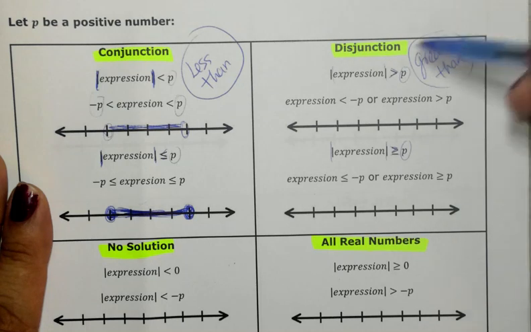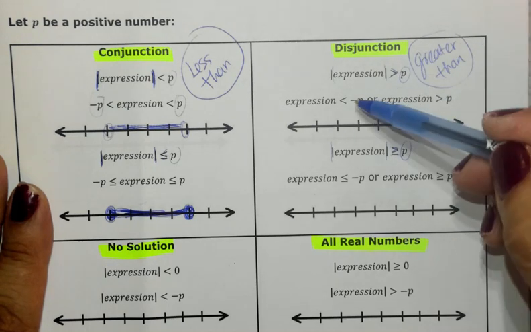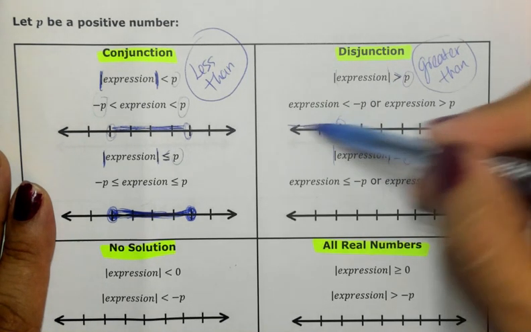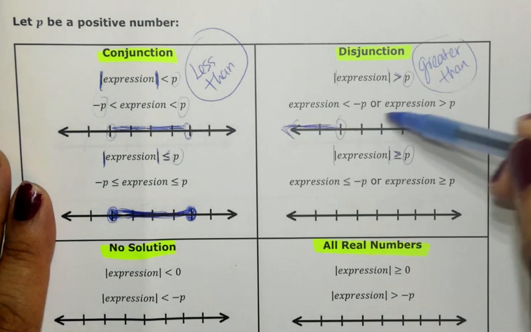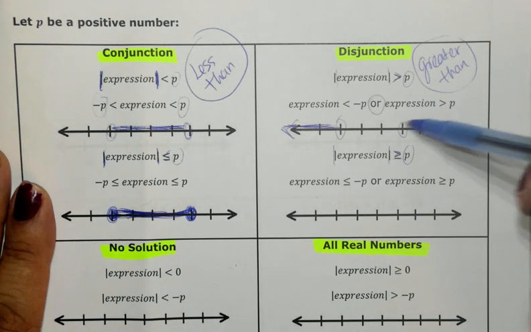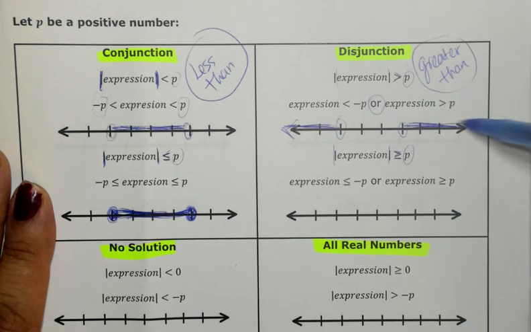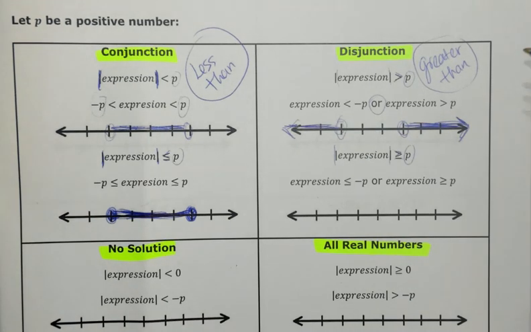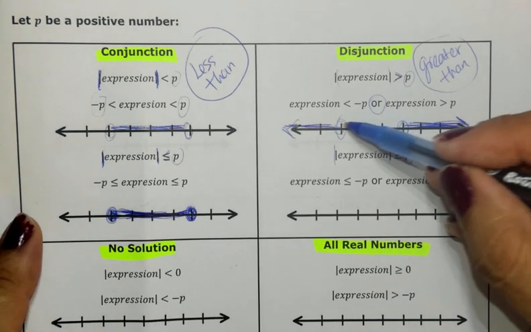A disjunction is when the answer is either a number and anything less than that number, or another number and anything higher than that number.